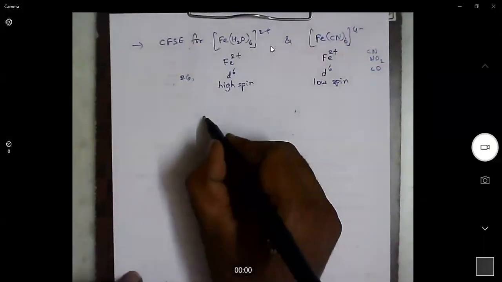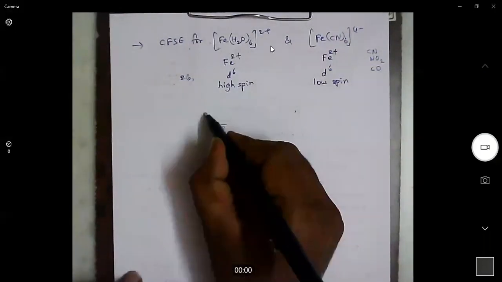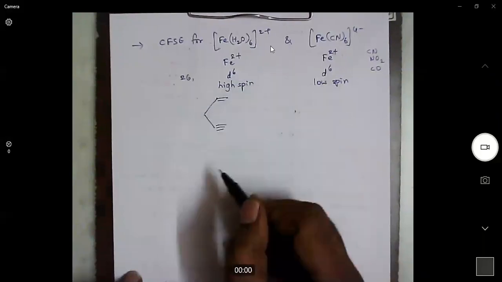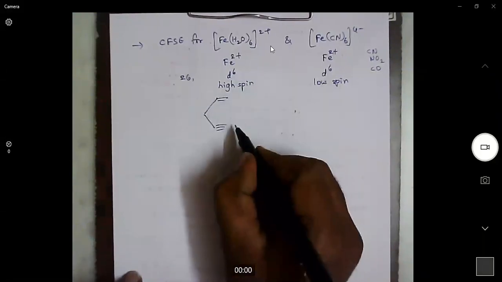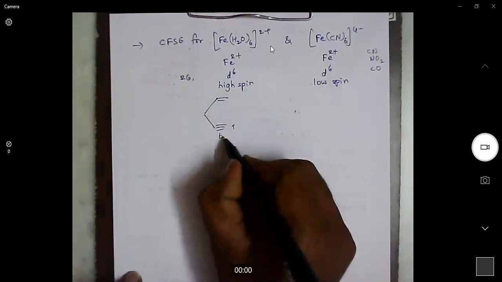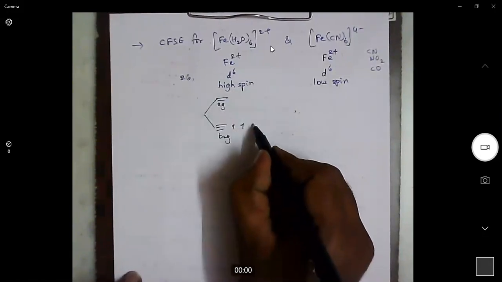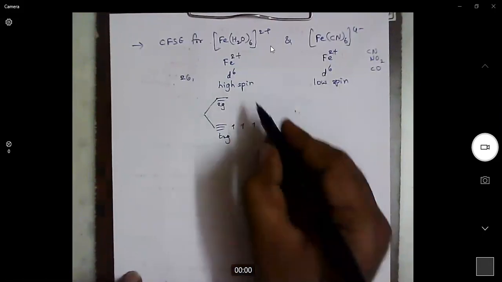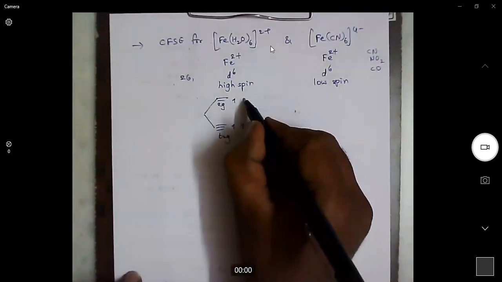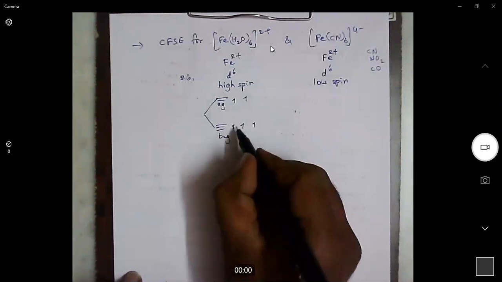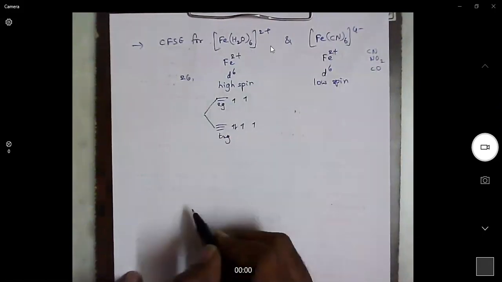Now, what is the electronic configuration of Fe2+ in the high spin complex? High spin means t2g and eg: first electron, second electron, third electron, because it is high spin, fourth electron, fifth electron, then the sixth electron will start pairing.